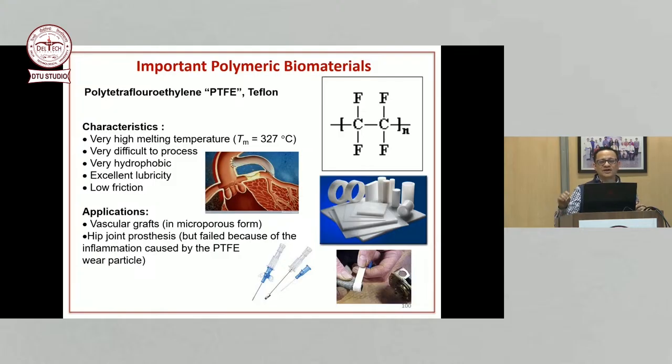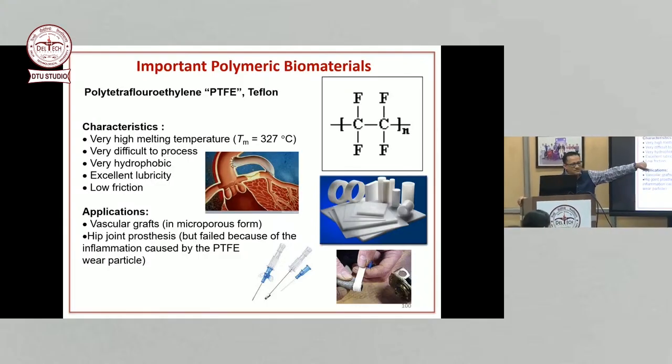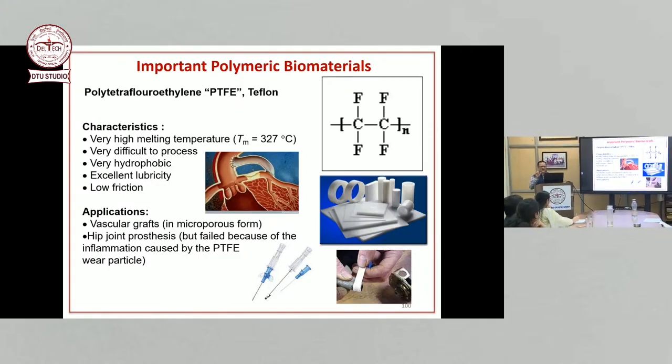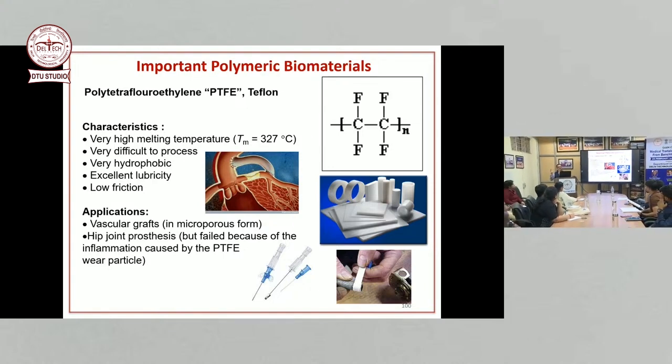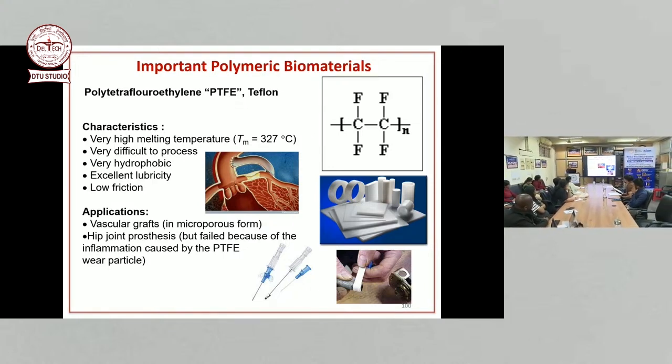Earlier we were talking about porosity. With this type of vascular graft material, you want cells to grow in it so that it becomes a part of the blood vessel. If somebody's blood vessel is damaged, you can put in a vascular graft to bypass that area. I will have a few slides on vascular grafts later, not today, but in one of the talks.